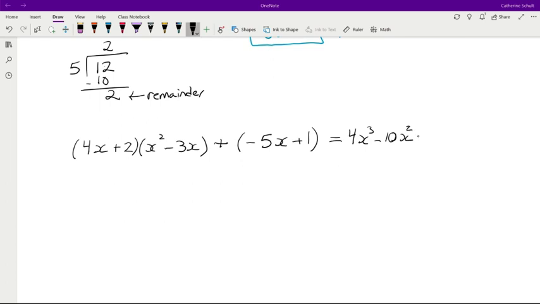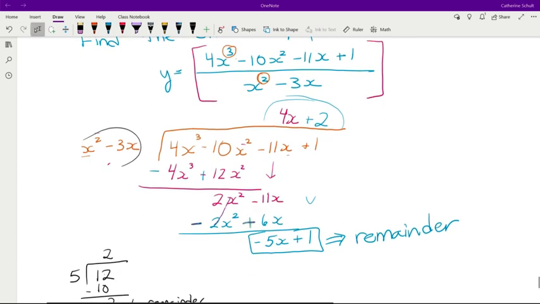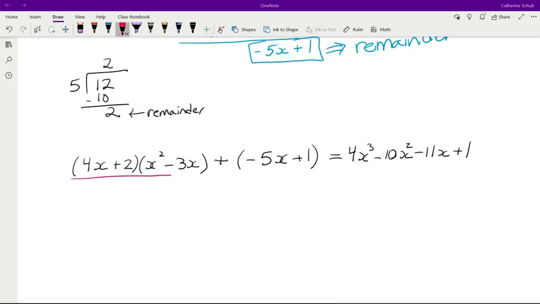Oops, 10x squared. All right. And then what I'm going to do is divide everything by the divisor, x squared minus 3x, so I can get my y back. All right, that's what I'm working towards. I'm going to divide by the denominator of that rational function.